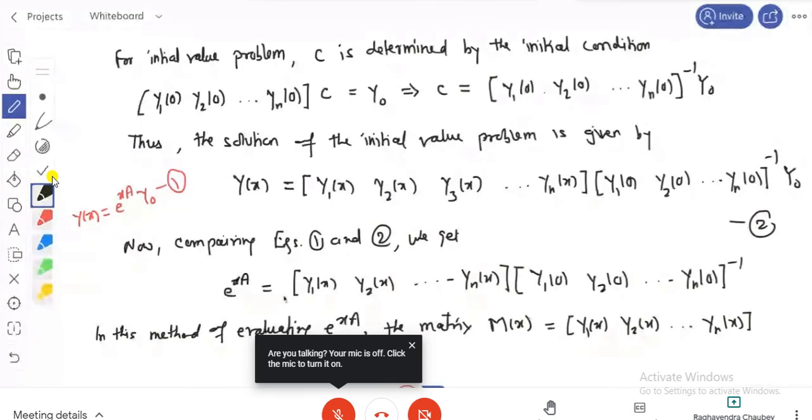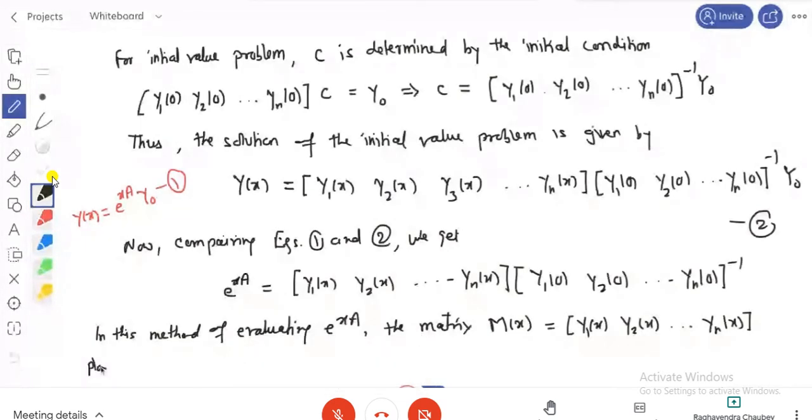This plays basically an essential role for finding the exponential matrix.